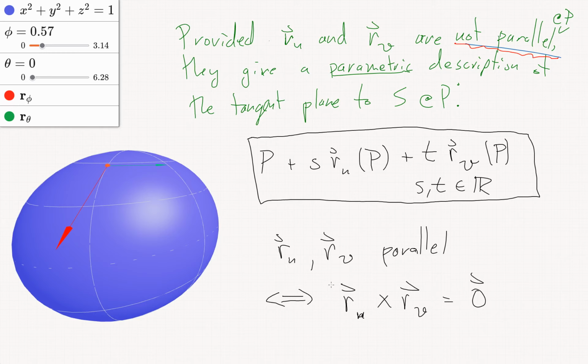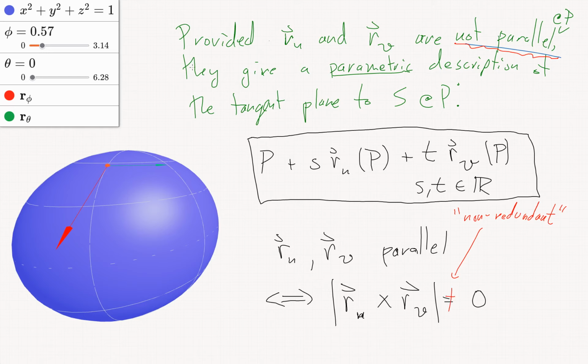Here, this is the 0 vector, but we could equivalently take the magnitude. So R sub u and R sub v are parallel if and only if the magnitude of their cross product is 0. So when I said in the first lecture that we want our parameterizations to be somehow non-redundant, this is what I meant. We want this to not be 0, so we want these to not be parallel.